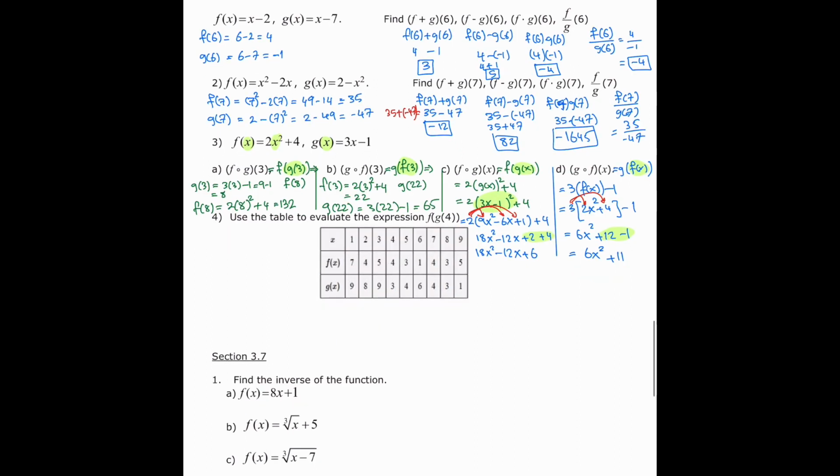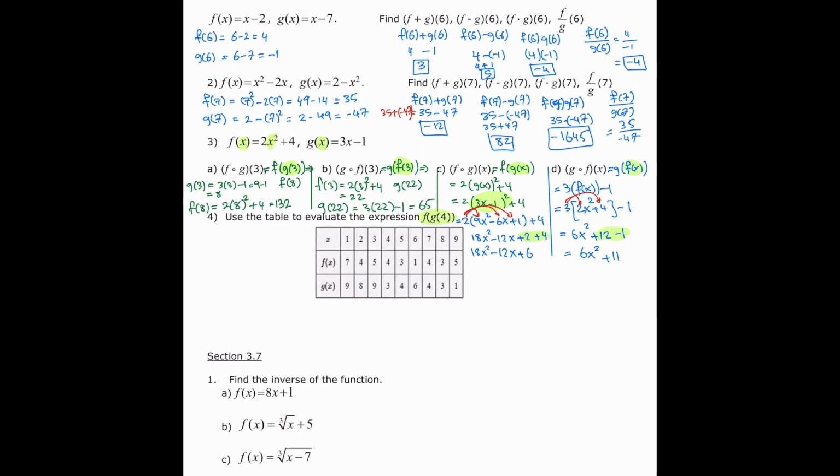Number 4. Use the table to evaluate the expression f of g of 4. So let's find g of 4 first, because we need to work from the inside out. G when x is equal to 4 is 3.